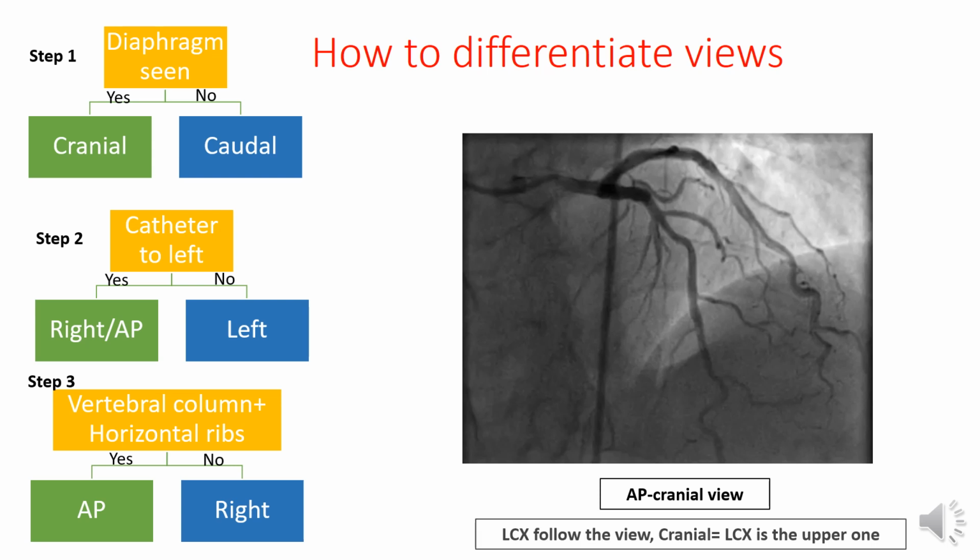And as a rule, the LCX follows the view, which means when the view is cranial, the LCX is the upper one. When we are dealing with a caudal view, the LCX will be the lower one. Here in this picture we are dealing with an epicranial view, so the LCX is the upper one, as in this picture.